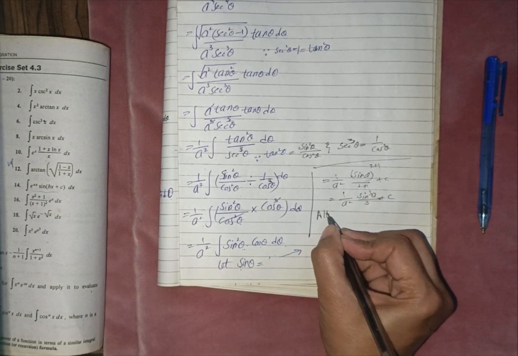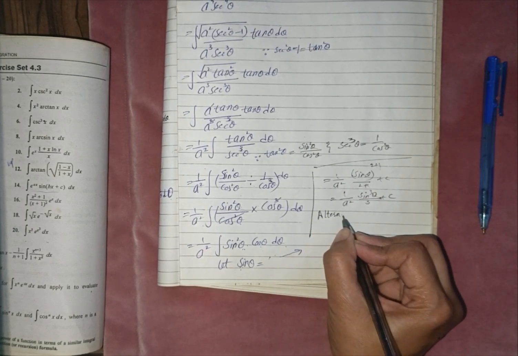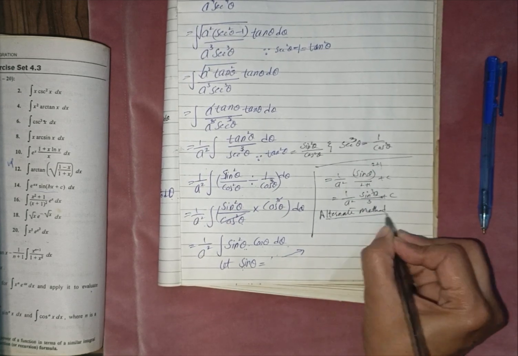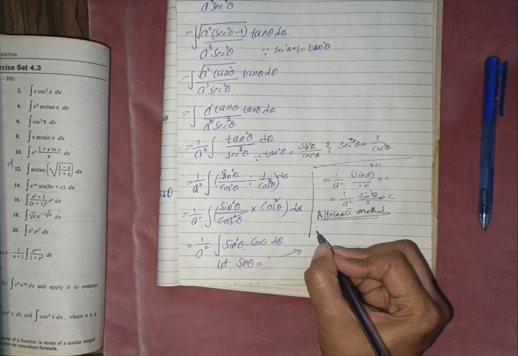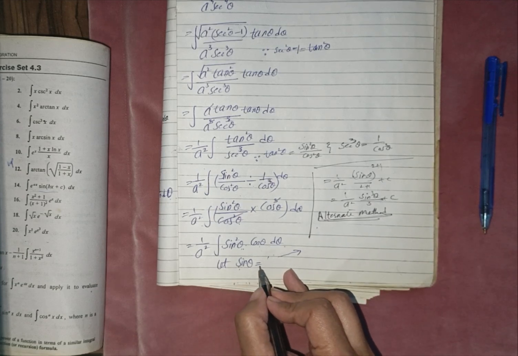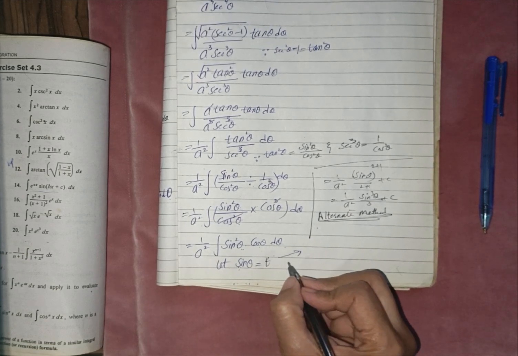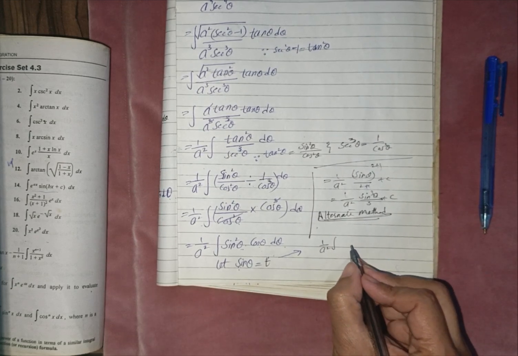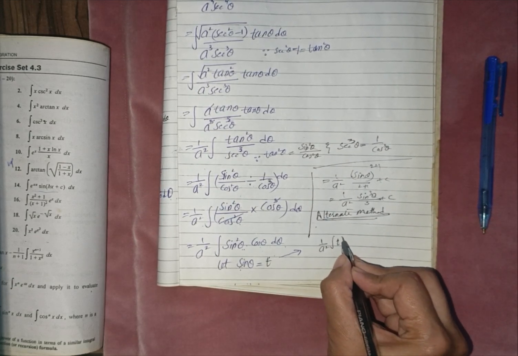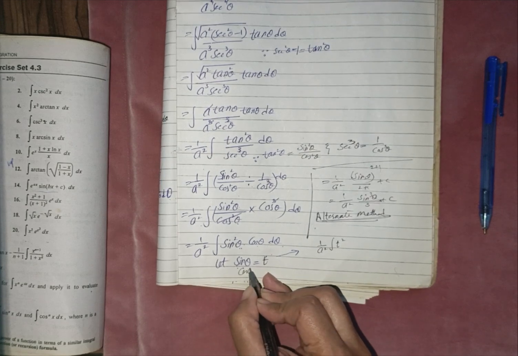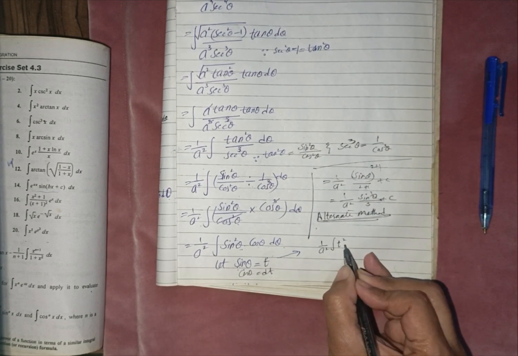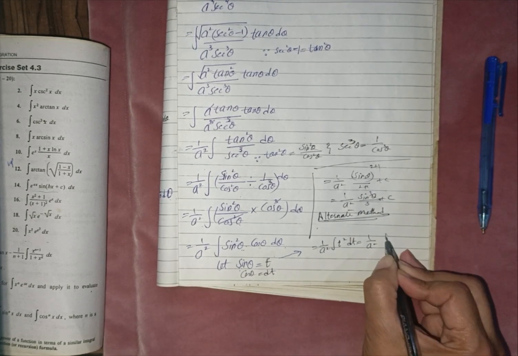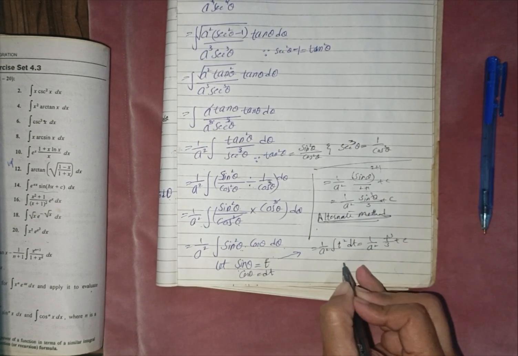And the other alternate method is this. Let's make another substitution, which is sine theta is equal to t, and we have 1 upon a square, t square, cos theta d theta equal to dt, so t square dt, which is equal to 1 upon a square, t cube over 3, plus c.